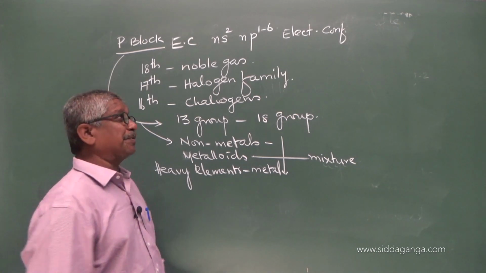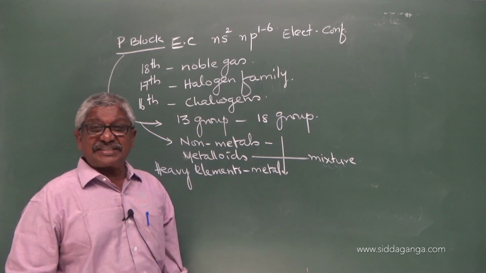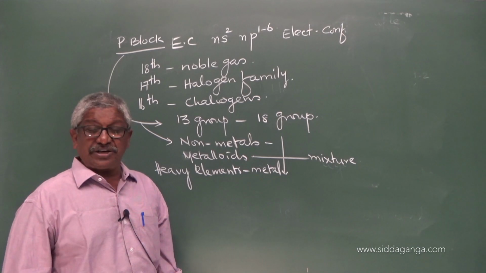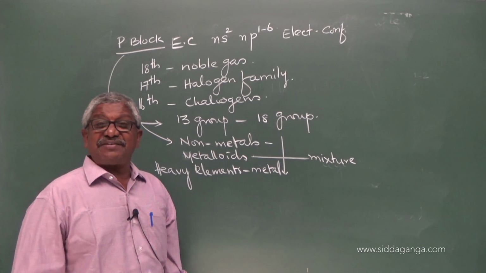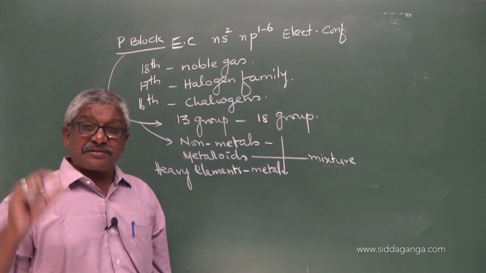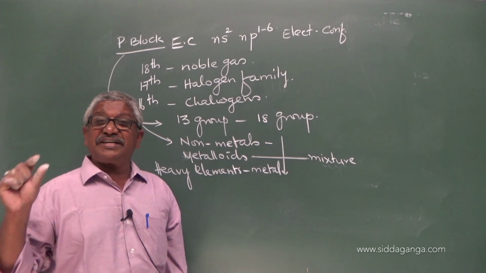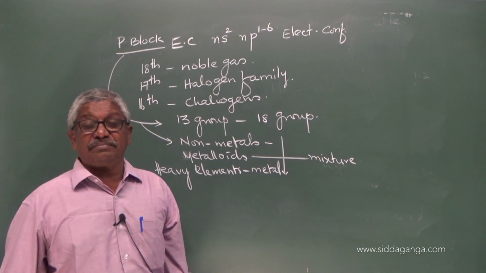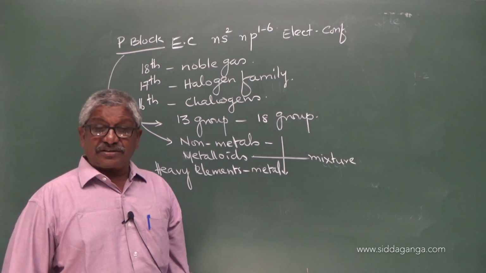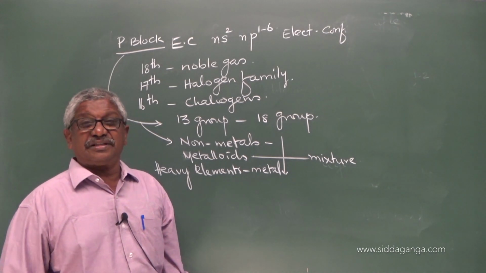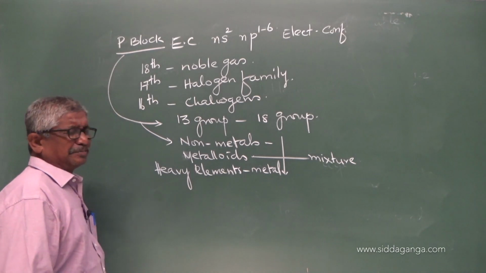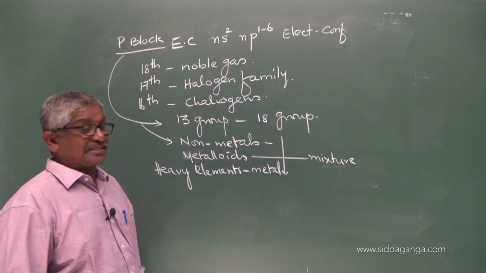And the 18th group is noble gas, inert gas, passive gas, aerogens, which has completed electronic configuration, with electrons in all the orbitals.